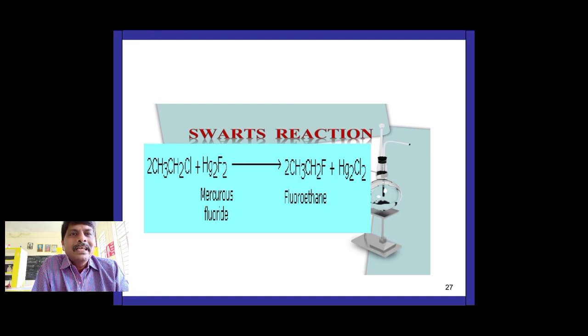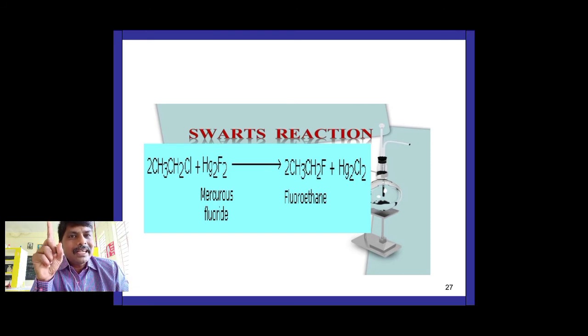The next one is the Swarts reaction. In the Swarts reaction you take an alkyl chloride, chloroethane, but the product is fluoroethane. To prepare fluoroethane, fluoromethane, fluorobutane, so fluoroalkanes, this is the method you have to use. Swarts reaction is used to prepare fluoroalkanes.